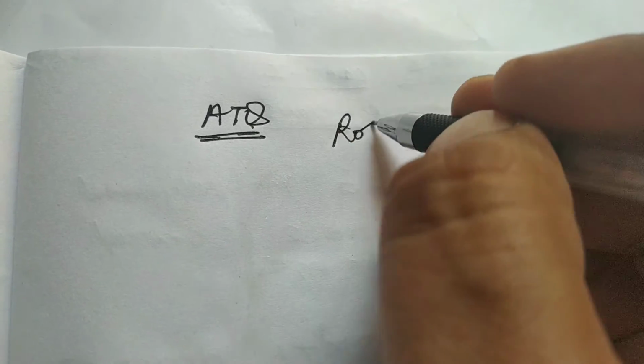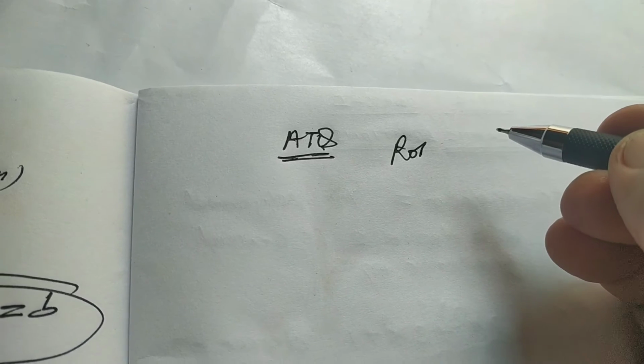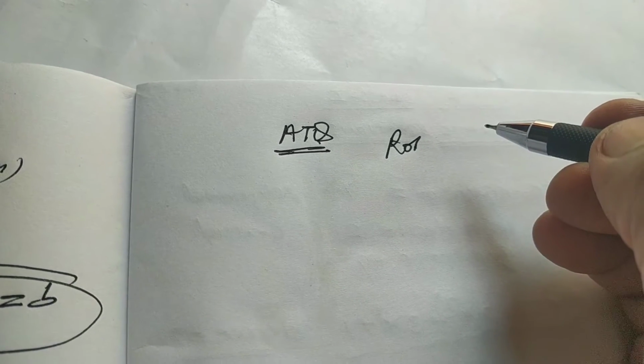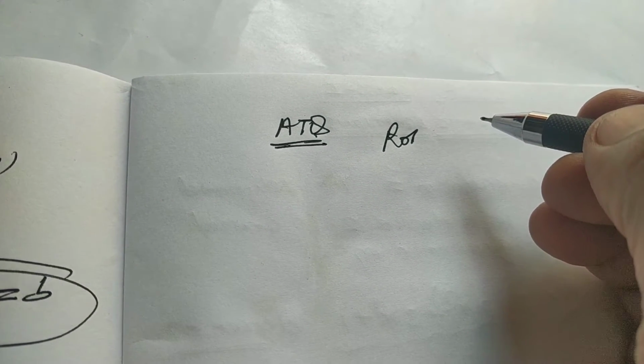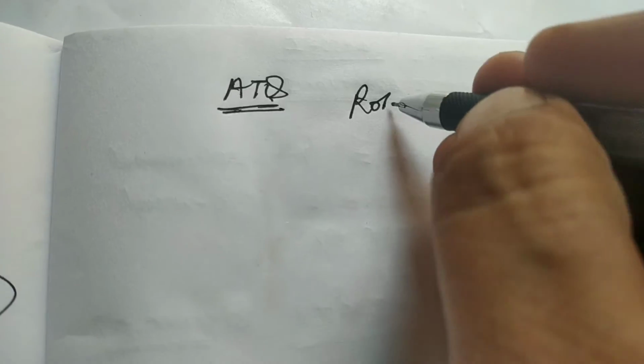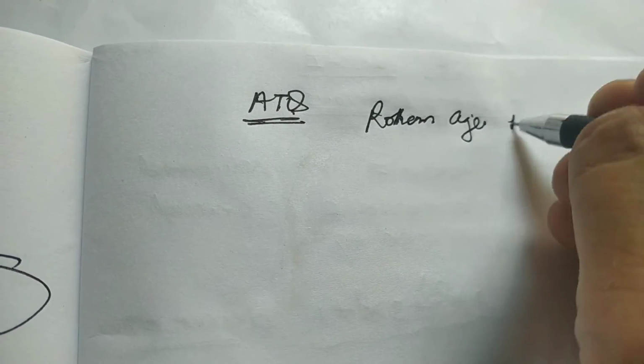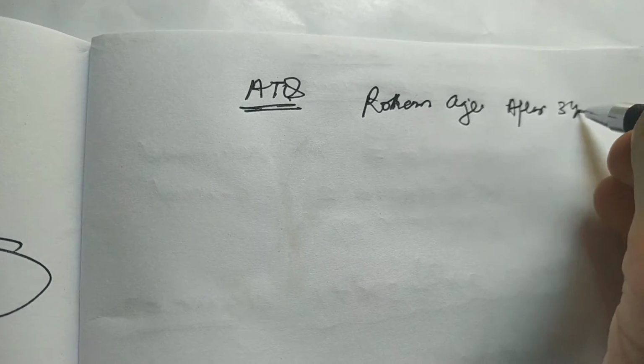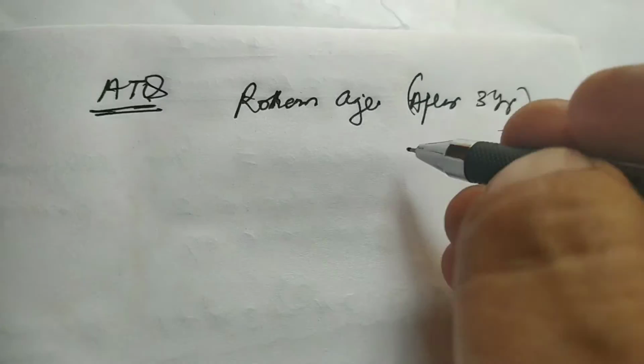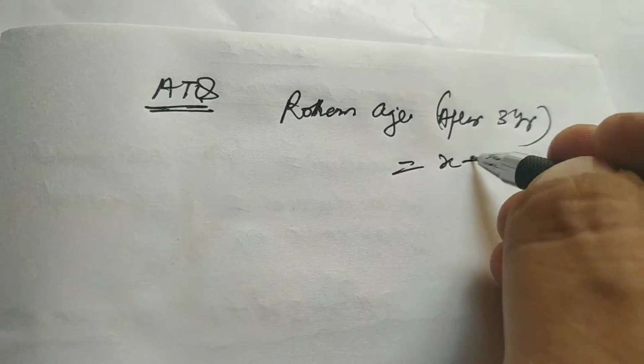Now, according to the question, Rohan's age after 3 years is x plus 3 years.